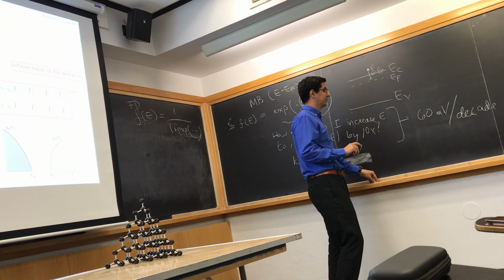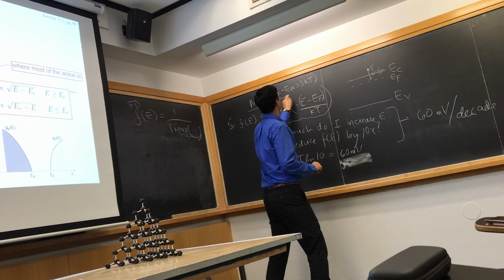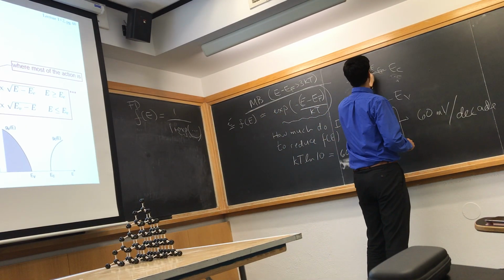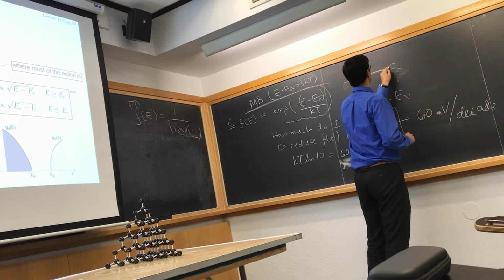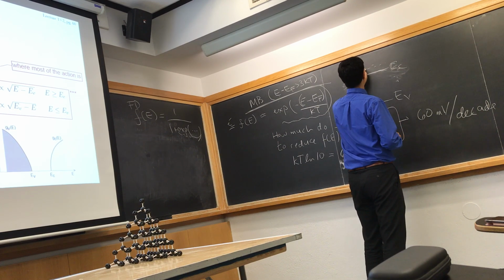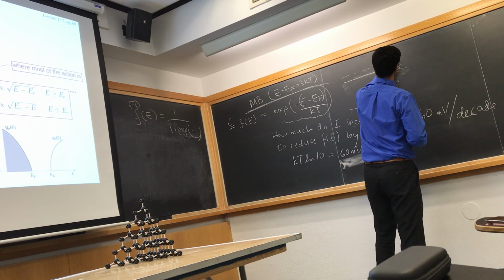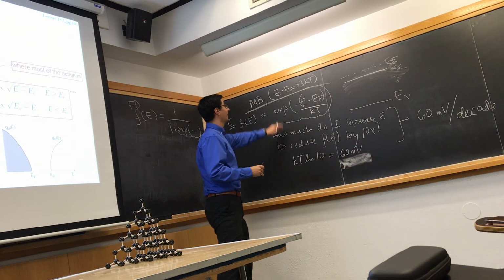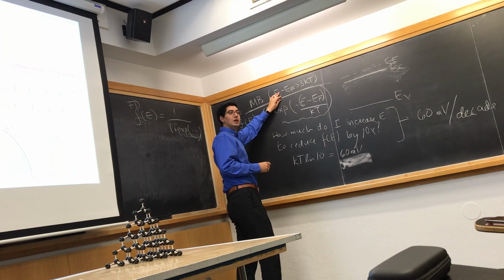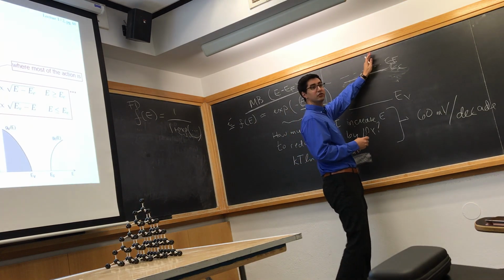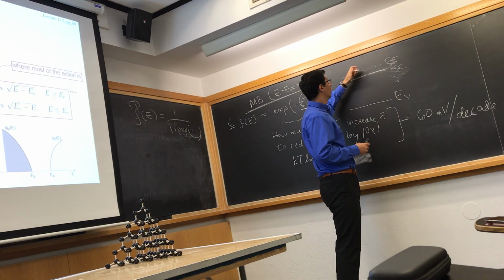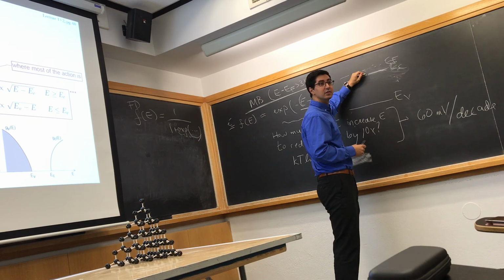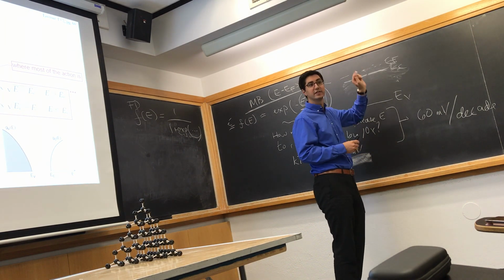Before I get into the math, we always have to understand our approximation. Does this approximation work if I have a situation like this, and EF is in the band? No, it doesn't, because I've broken this approximation, and I no longer have this pure exponential dependence. So if I move this down by 60 millivolts, I don't exponentially change the state there.